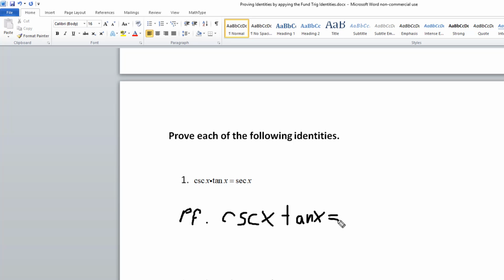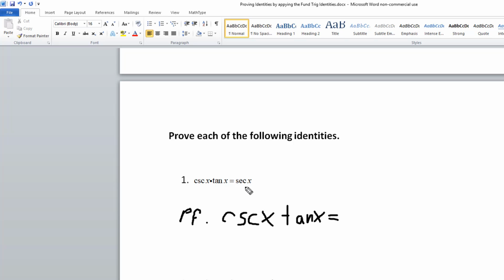Sometimes the right and left sides are pretty similar, so it doesn't really matter. But if you get a hint as to what to do, then you take whatever side looks good to you. So let's start off.